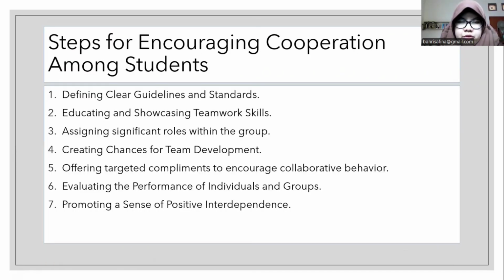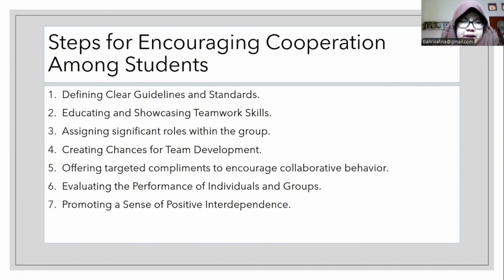Here are the steps to encourage cooperation among students. The first step, explaining clear instructions and norms. The second one, teaching and modeling teamwork abilities. The third one, offering meaningful roles within the group.